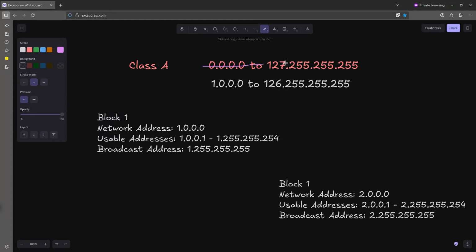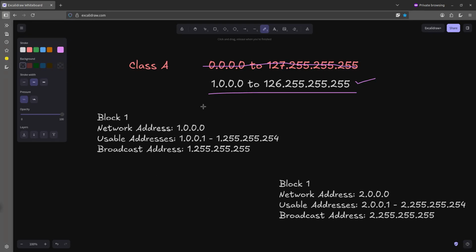It's not important. So right now we can just ignore this, and this was the actual practical version of class A. That is 1.0.0.0 to 126.255.255.255. Okay. So keeping this in mind, let's only focus on the practical range, and let's get into how the blocks were set.